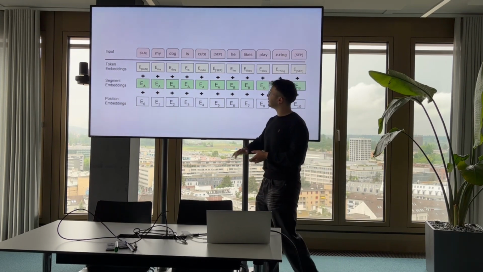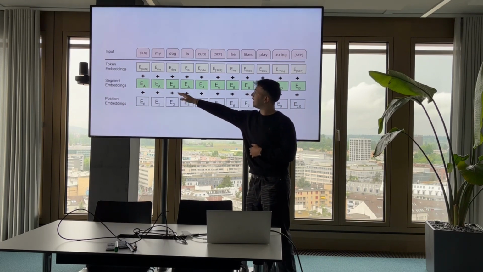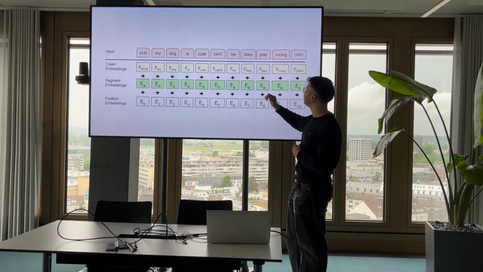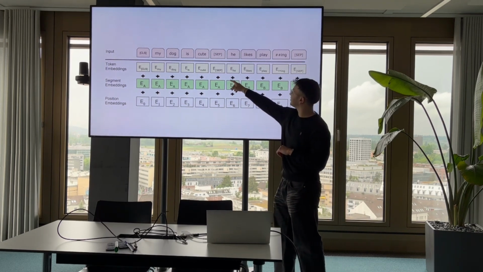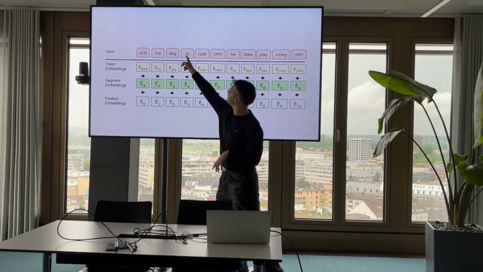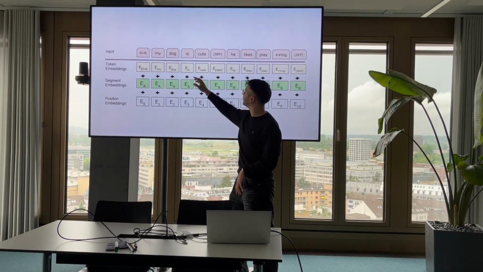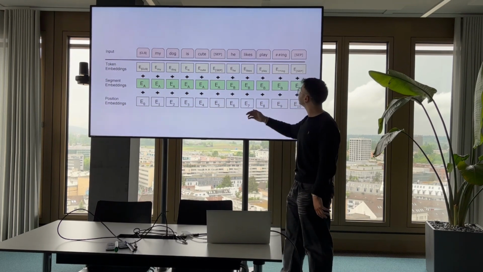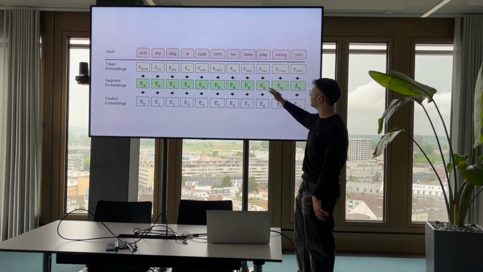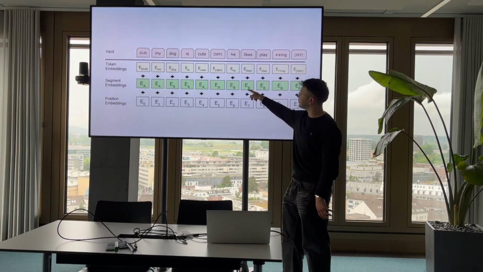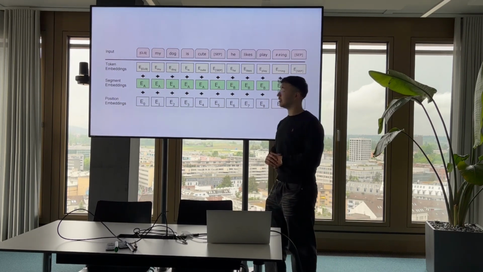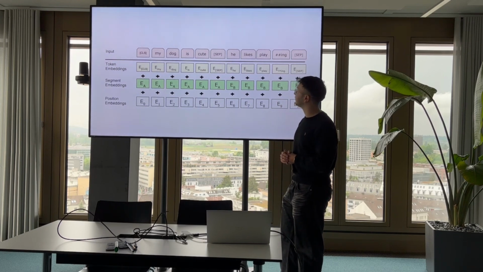The next thing is that it adds a segment embedding indicating whether a token belongs to sentence A or sentence B. In this example, "my dog is cute" corresponds to the A embedding, so it corresponds to the first sentence, and "he likes playing" corresponds to the second sentence, so it's marked as B. And then you have the positional embeddings like in the vanilla transformer architecture.